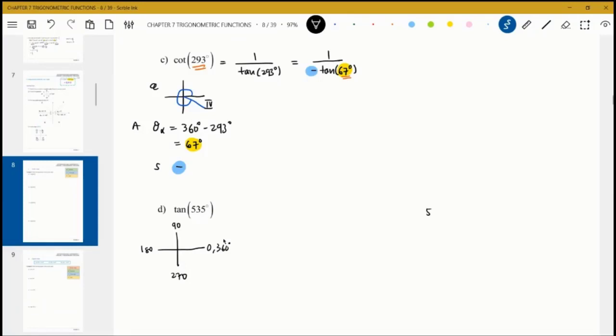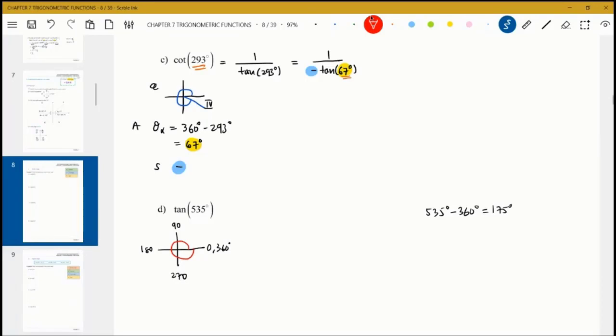So we need to find first. So 535 minus 360. So dia dah berada full rotation 360. So 535 tolak 360 kita dapat berapa? 175. So bermaksud di sini kamu akan extend sebanyak 175.